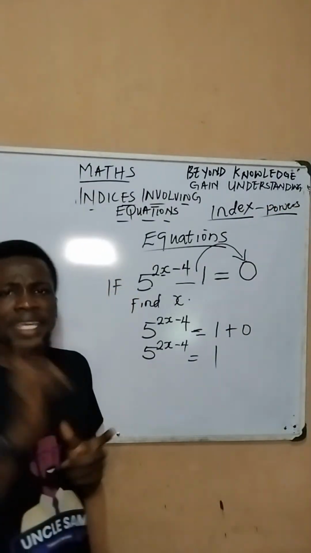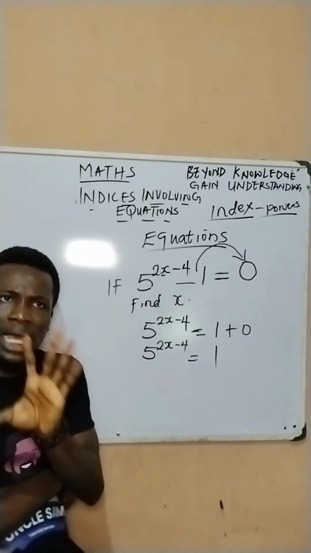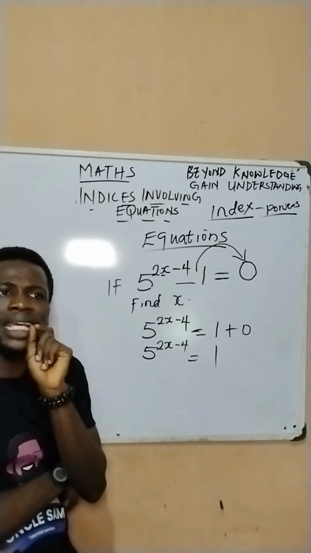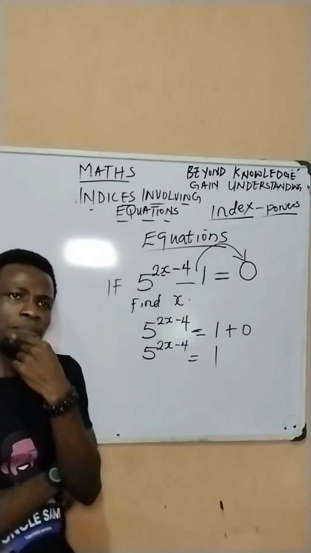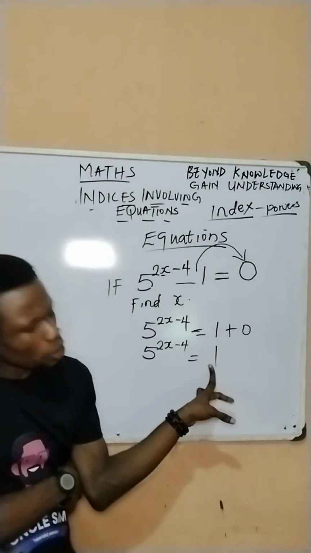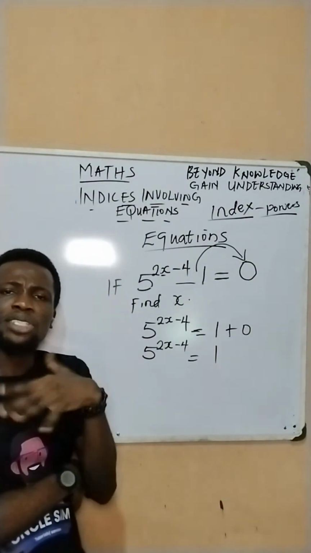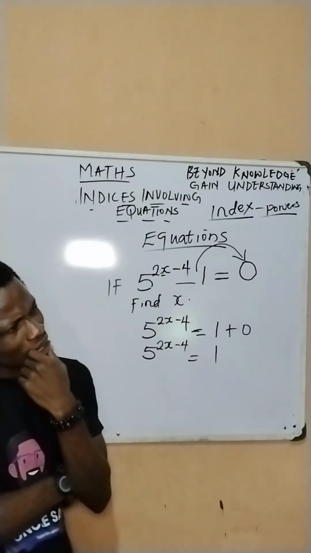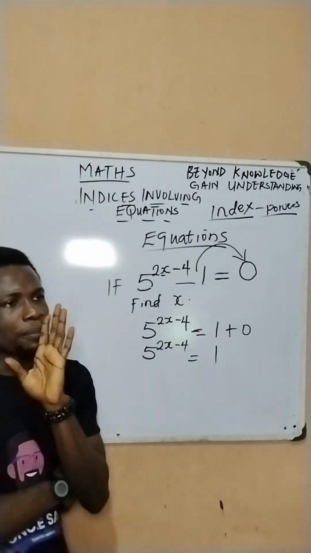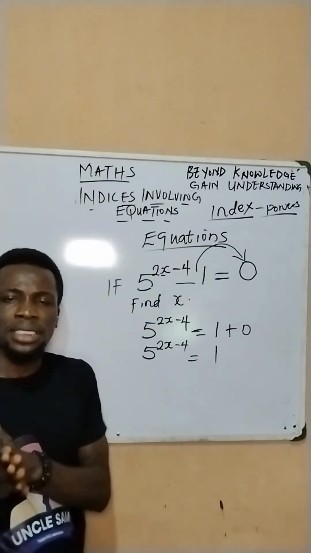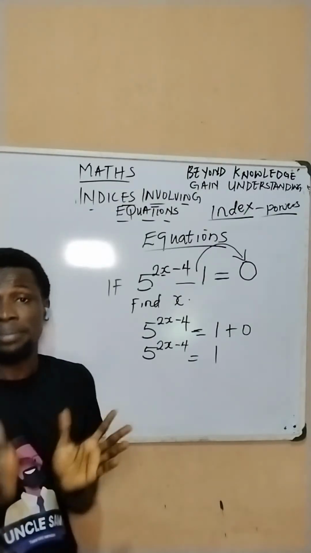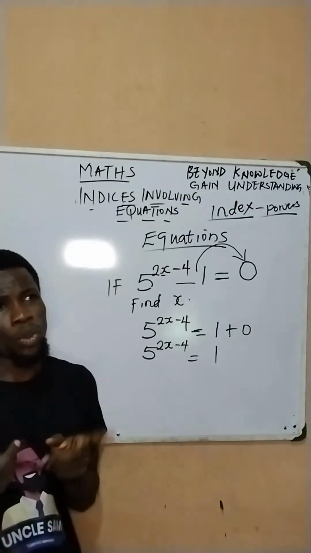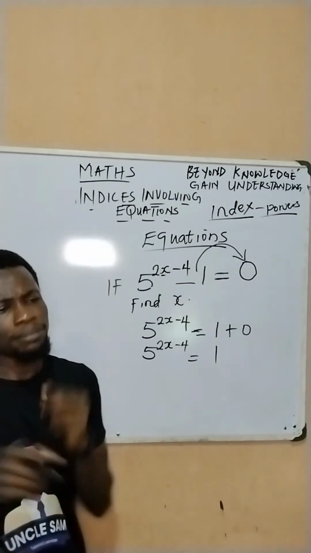If indices is truly about powers, and for there to be powers, there has to be a base, is there a way I can turn this 1 into having a base and a power? Well, there is, because under the basic law of indices, any number at all raised to the power of 0 equals 1.